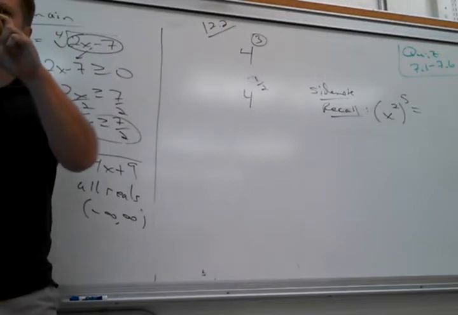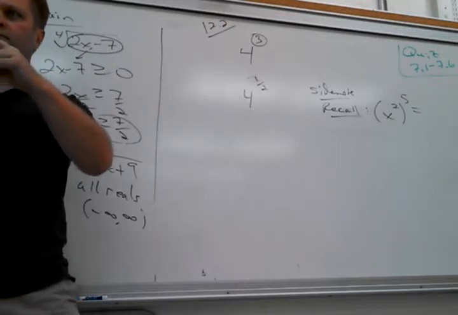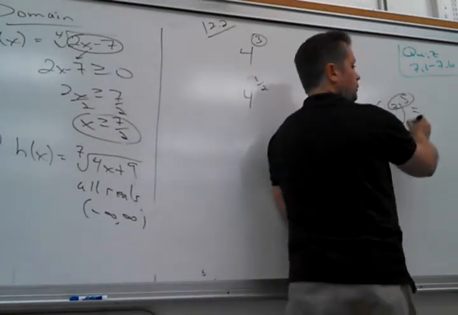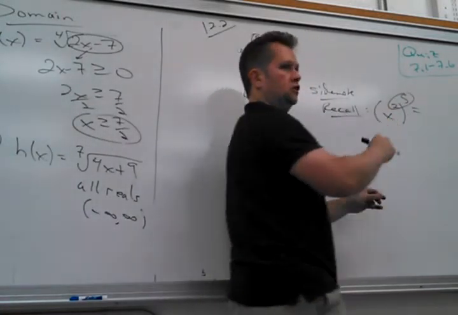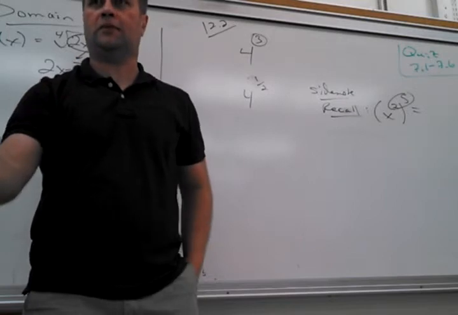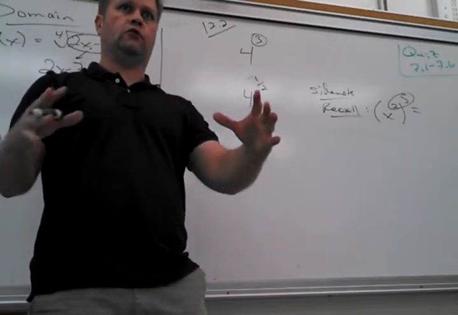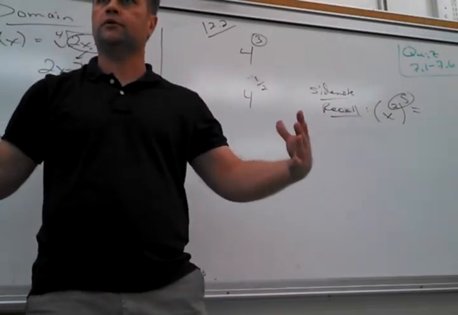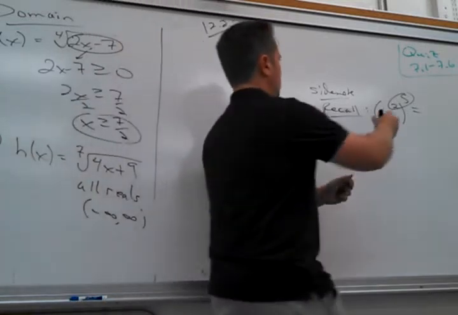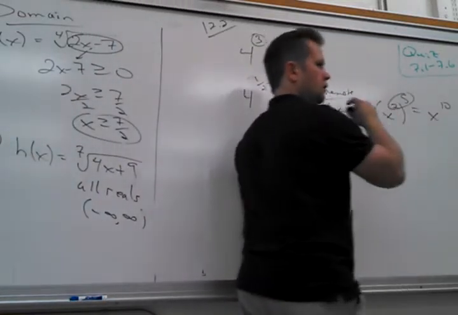Don't do all that. What is it? x to the 10th. You have to multiply here, because this would be 5 groups of 2, and that's the definition of multiplication. If you think way back, if you had 5 groups of 2 apples, you have 10 total apples. That's the definition of multiplication. So this is x to the 10th.